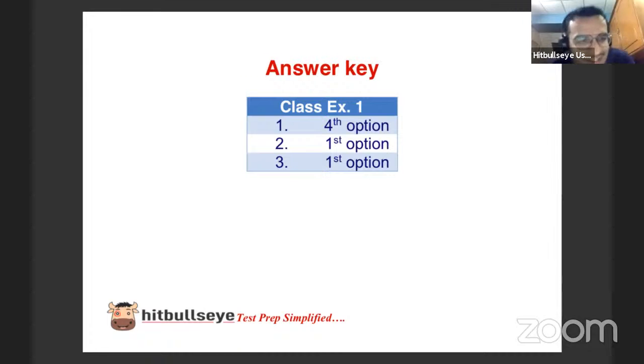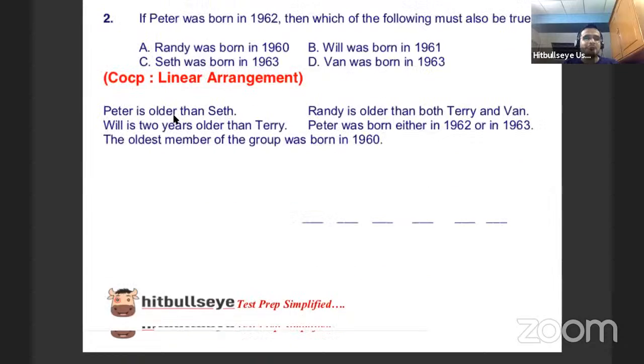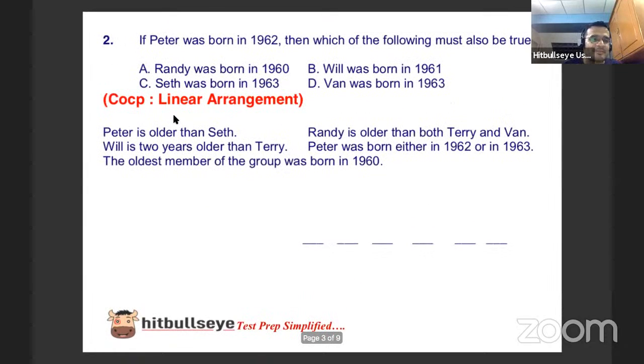Let's quickly go and see the second question. All right. So what is happening here? 1965 through 1960. So we'll write down intentionally in this order so that we have the elder one coming on the right side.